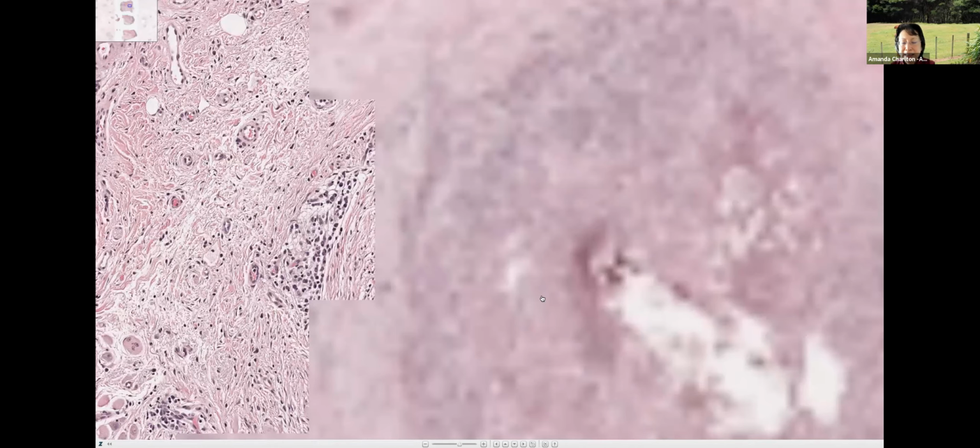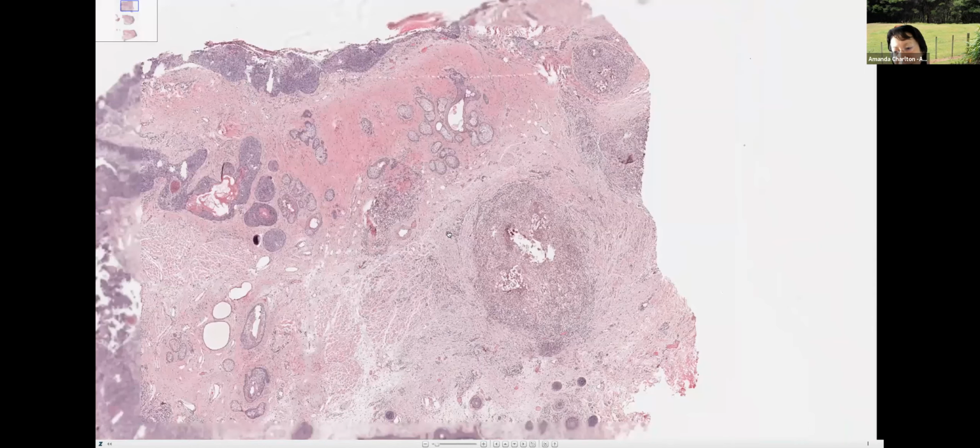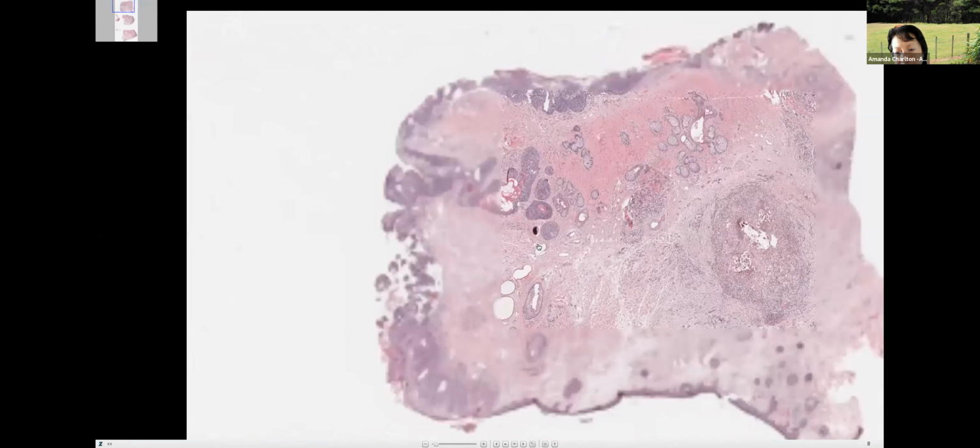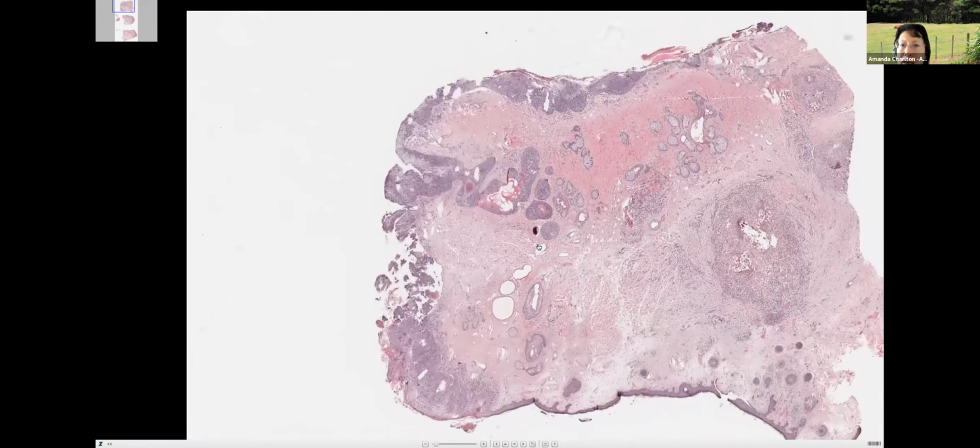What basaloid means: basaloid means the cells look blue. The cells look blue because they have a large nucleus and a small amount of cytoplasm. The corollary is squamoid, where they have a large amount of pink eosinophilic cytoplasm.